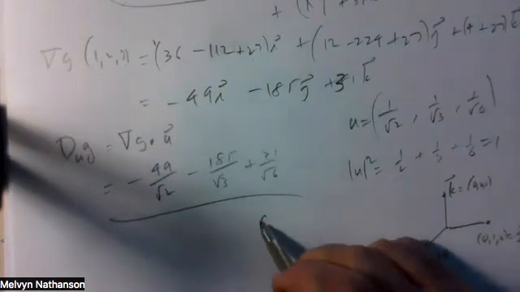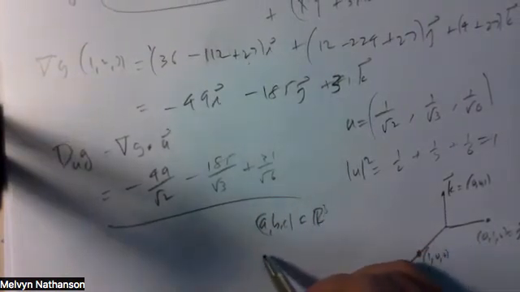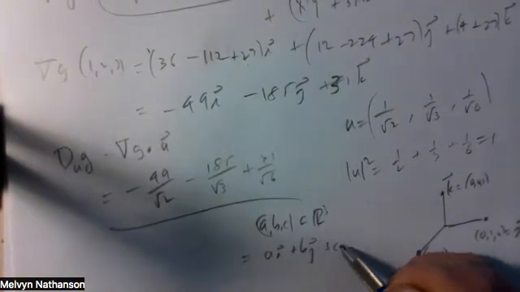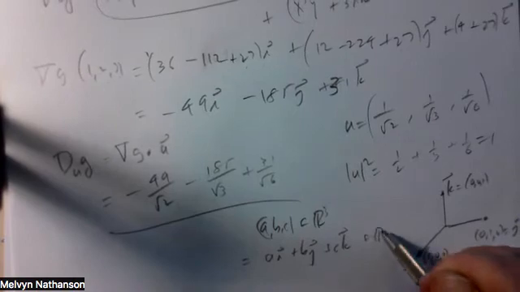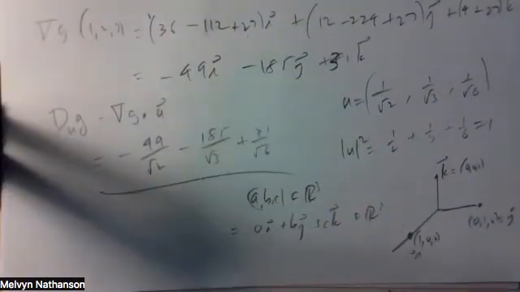So if you have a vector a, b, c in three-dimensional space, that's the same as a times i plus b times j plus c times k. These are just alternate ways of writing vectors. I got it now. Thank you.